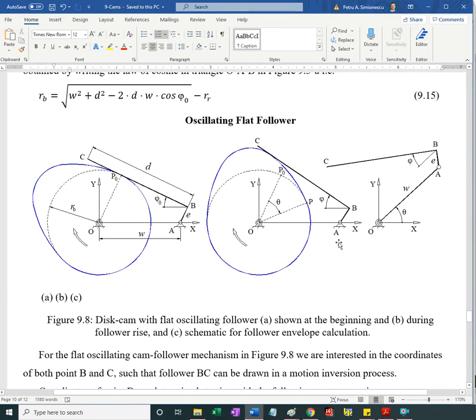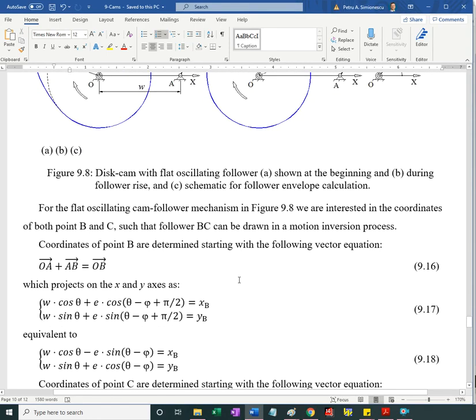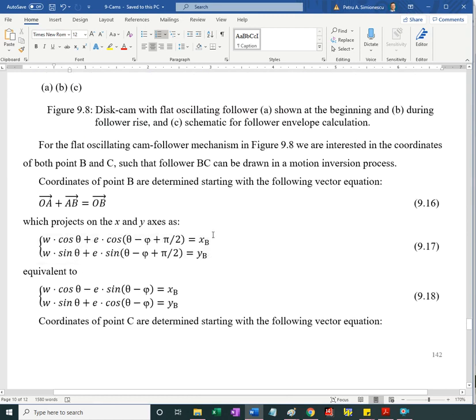So I would like to know here points B and C. Okay, there's eccentricity, center distance. Phi is measured this way. So XB and YB are a function of theta, W, E, and phi, in order to do motion inversion, other than using Working Model. And here they are.